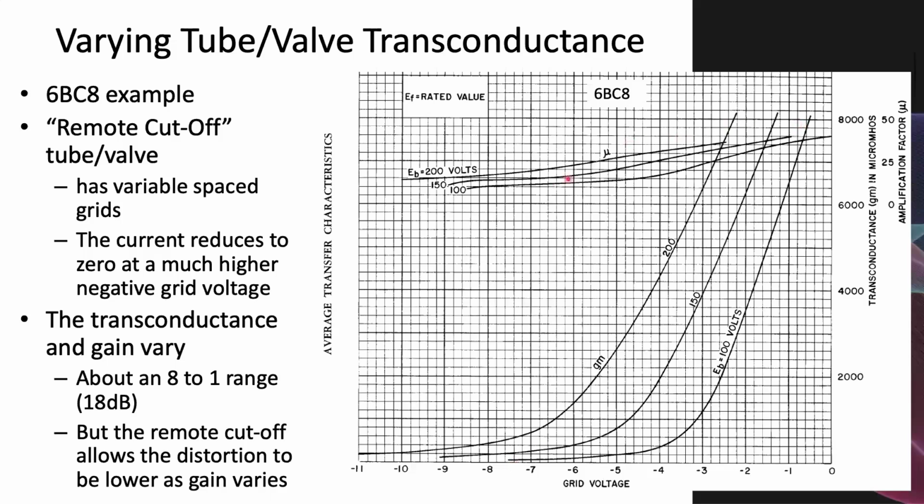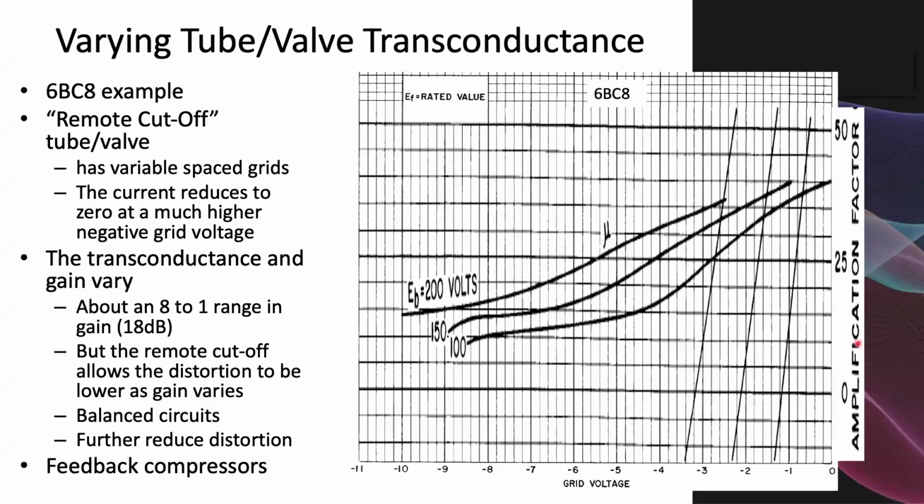But the real thing we want to look at is something called the mu, and it's a bit hard to see on this scale, so I've expanded it up. Sorry about the distortion, but the amplification factor or mu here varies from about 8, if you have an anode voltage of 100, to on the order of 40. So it varies from about 8 to 40, which is about an 18 dB range of gain.